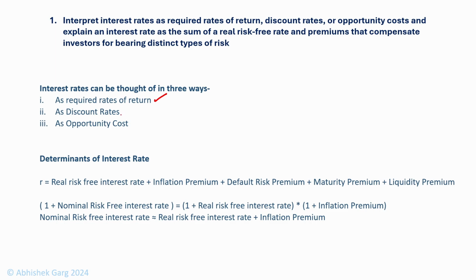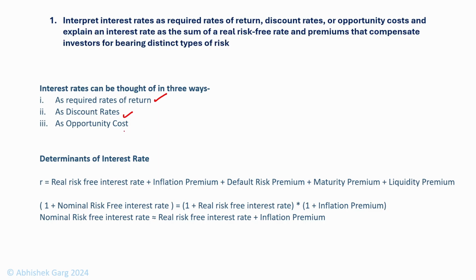Whenever you want to calculate the present value of future cash flows, you discount it at a particular required rate of return. That return is the discount rate. So the interest rates can also be used as discount rates.